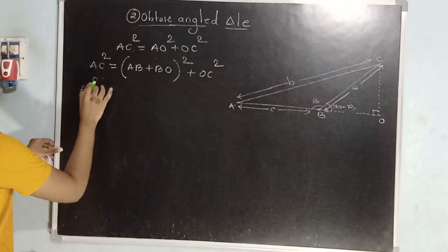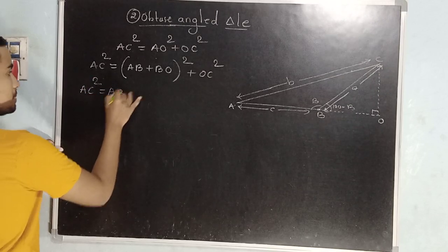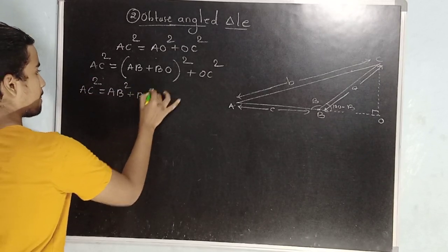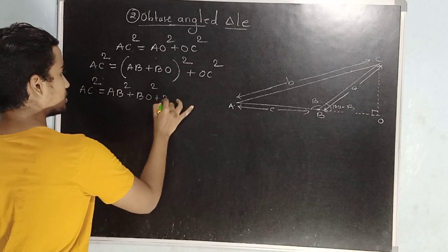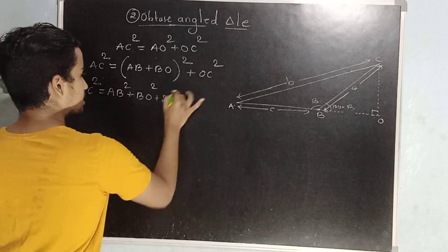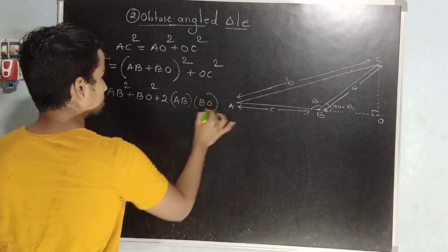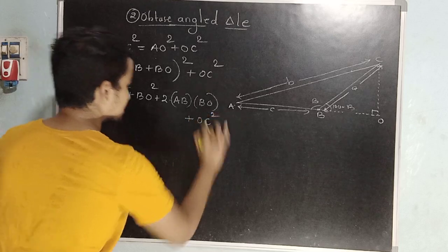So AC square is equal to AB square plus BO square plus 2 into AB into BO plus OC square.